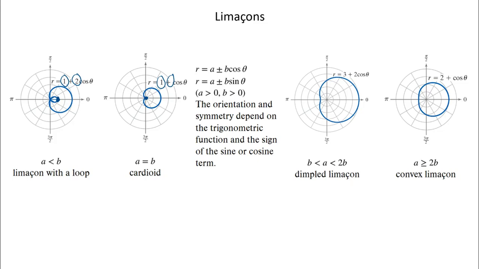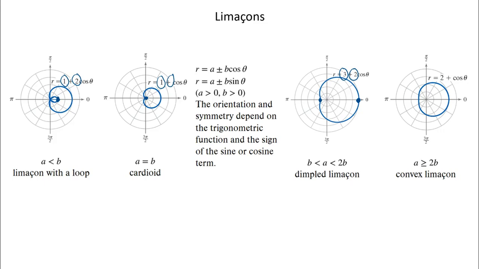Let's look over here at the dimpled Limacon example. 3 and 2. 3 and 2 have a difference of 1. Again, notice that number 1 tells us where our dimple is. But you may look at that and say, well, that's negative 1. Yeah, it is, but it's still 1 unit away from the pole on the opposite side of the big side of that dimpled Limacon, if that makes sense.